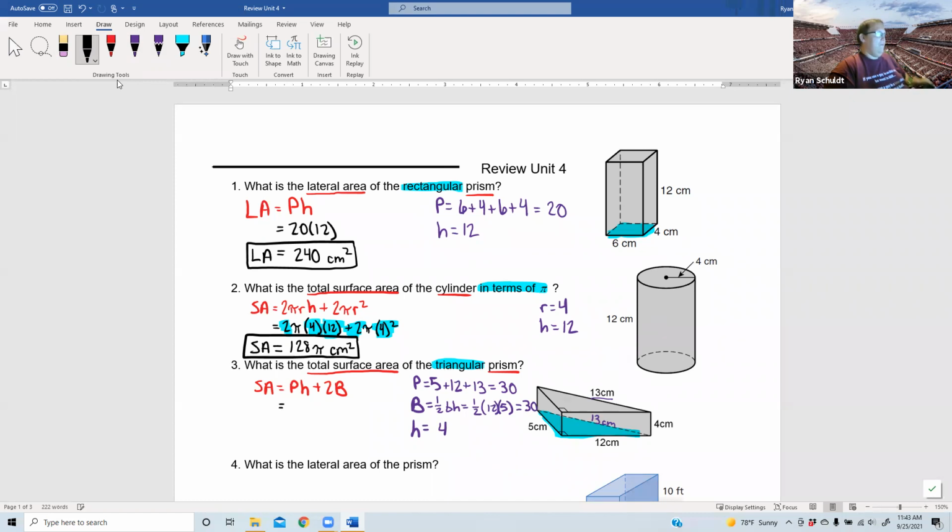That's going to be 30 times 4 plus 2 times 30, which gives us 180 centimeters squared. That's our total surface area.